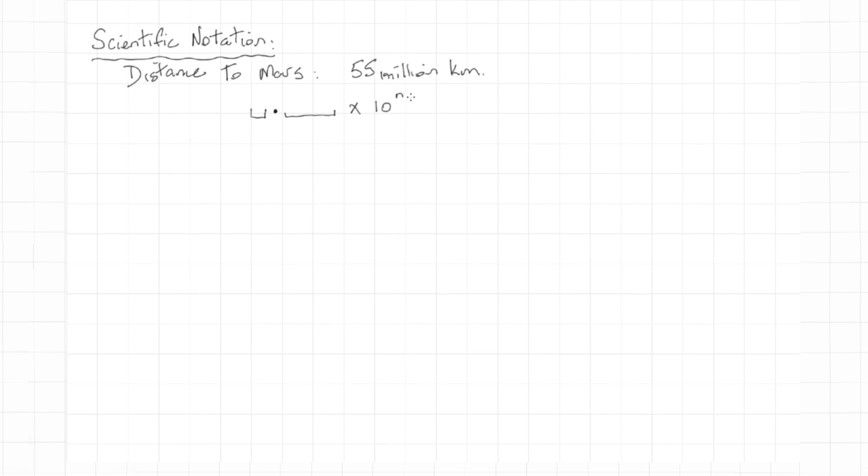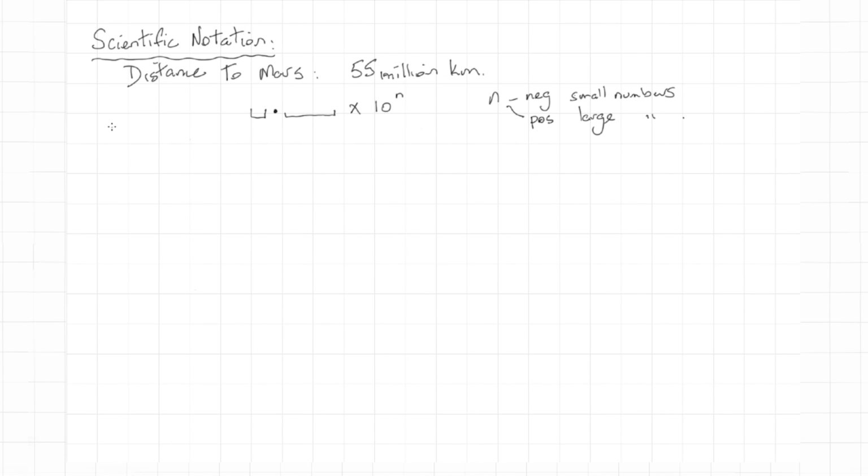This n is a way of determining how far, either this way for large numbers or this way for small numbers, we have to move the decimal place. So if n is negative, we have small numbers, and if n is positive, we have very large numbers.